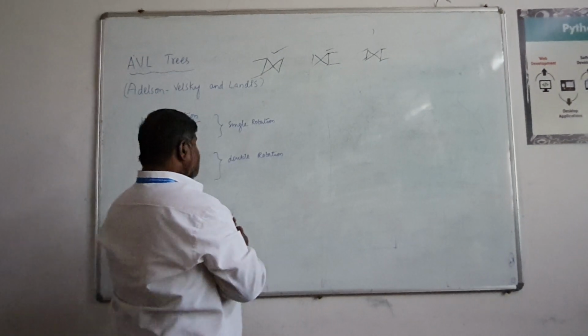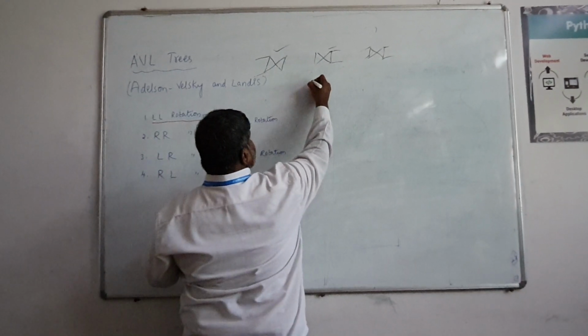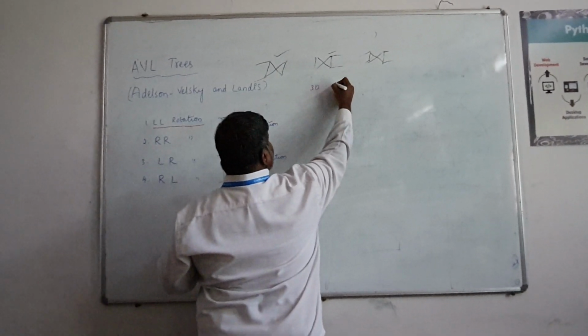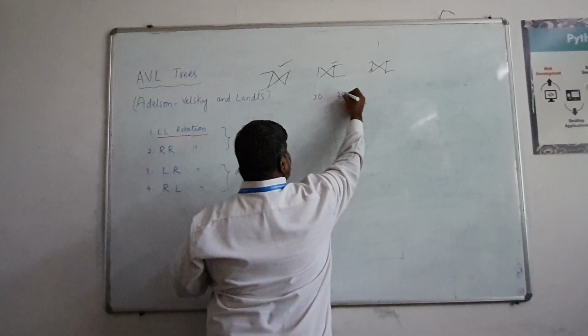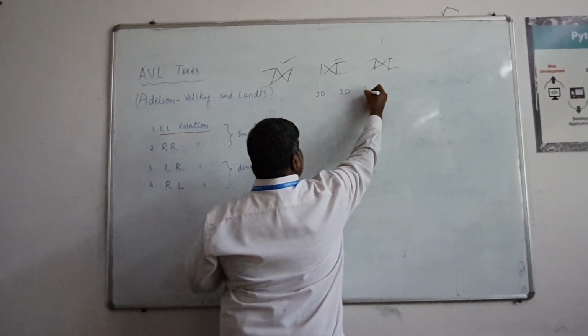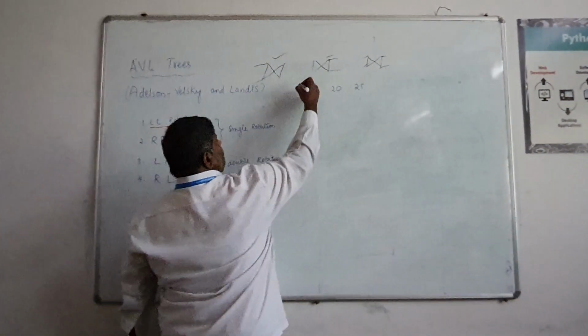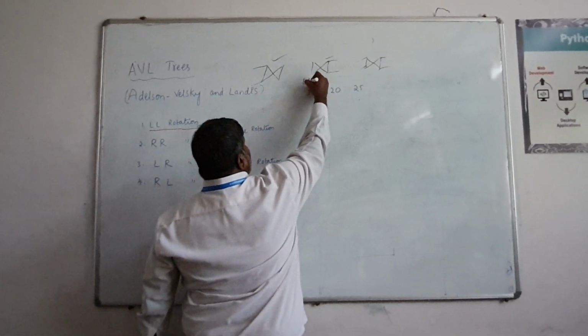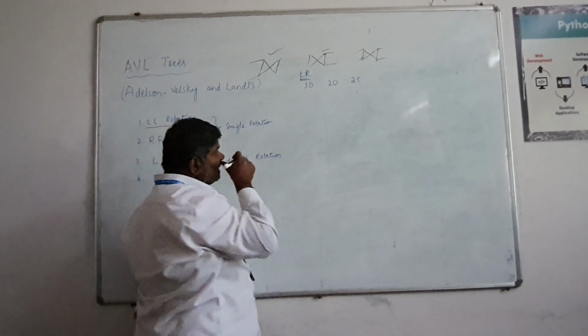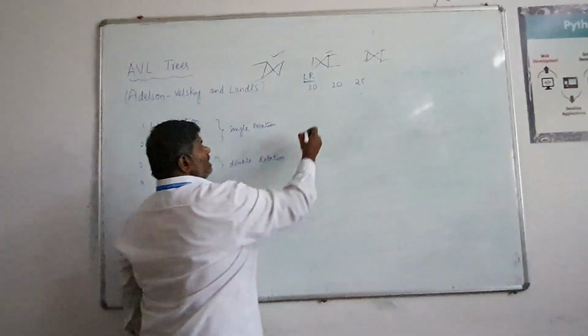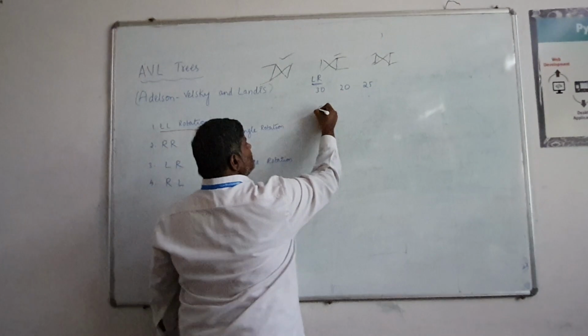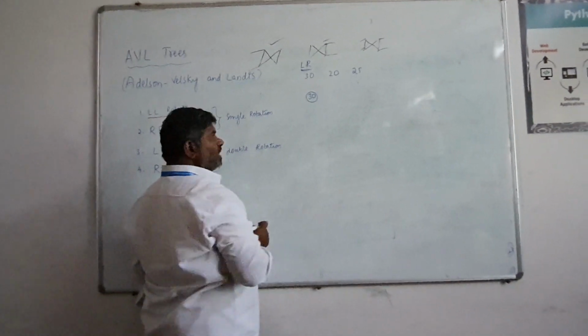here let us take initially the elements 30, 20, 25. Now let us assume these are the elements. Which rotation is it? LR rotation. Now what is the first element? 30. 30 is the root element.